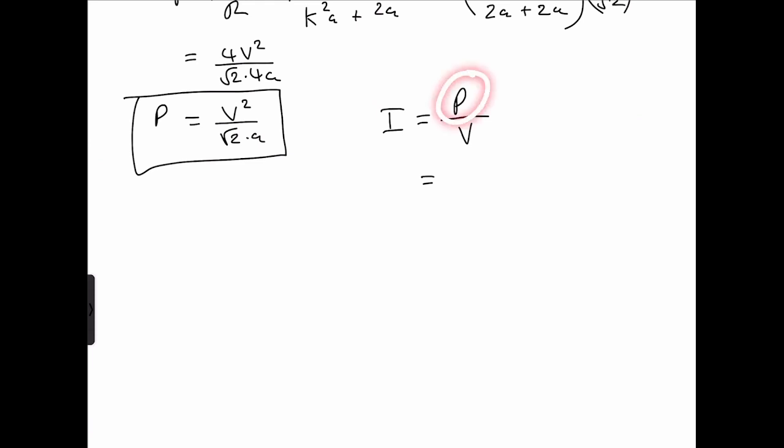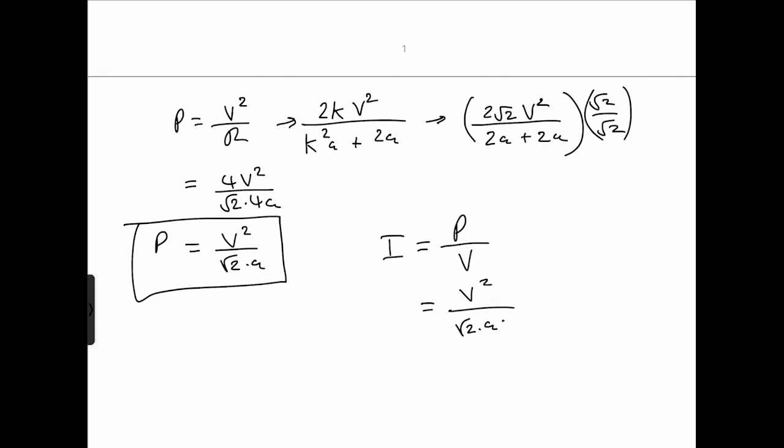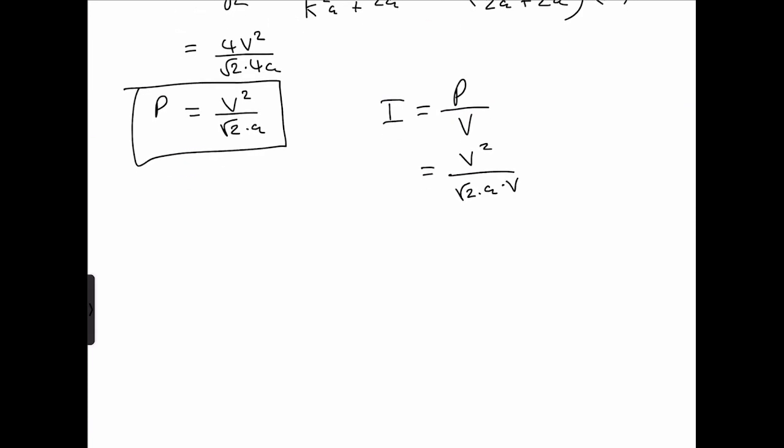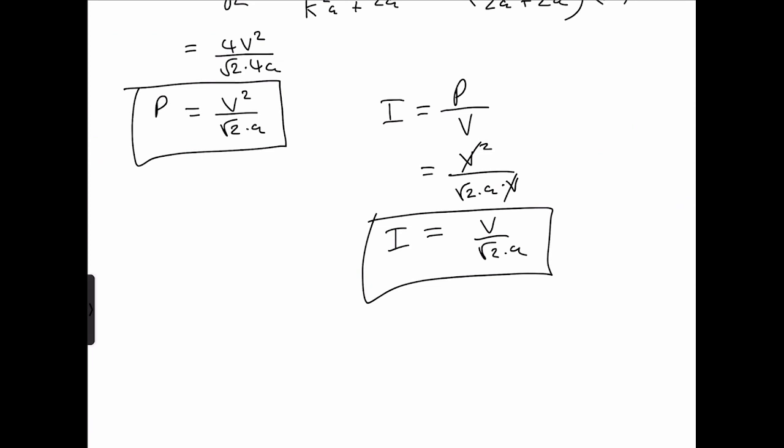So power in our case would be V squared over the square root of 2 times A, and we divide that by V. So V squared divided by V cancels out, and we're left with V all over the square root of 2 times A. And that would be the input current at the maximum power condition.